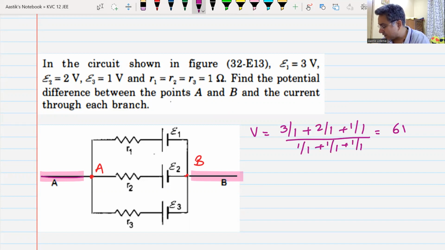Straight away you get the answer as 6 volts. To get the value of I1, 6 minus E1, E1 is 3, divided by 1. So 3, sorry, I1 is 3.